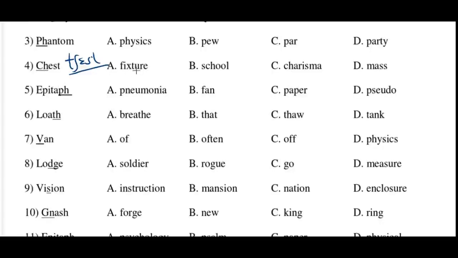Option A, we have fixture, which has the ch sound. Option B, we have school, that is k. Option C, we have charisma, that is k. And option D, we have mass, that's s. So the answer to this question is A, fixture. It contains the same ch sound as the underlined letters.